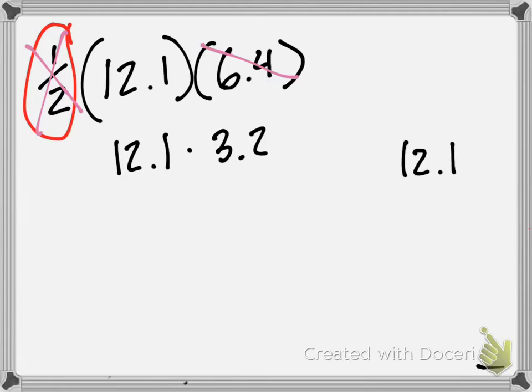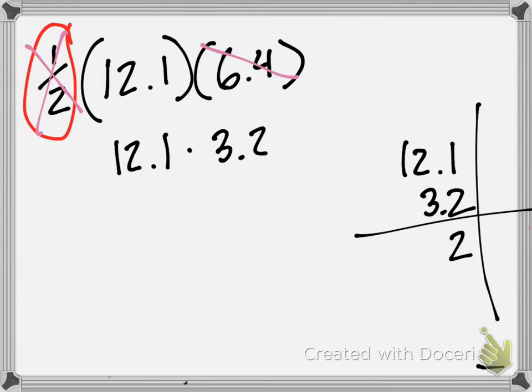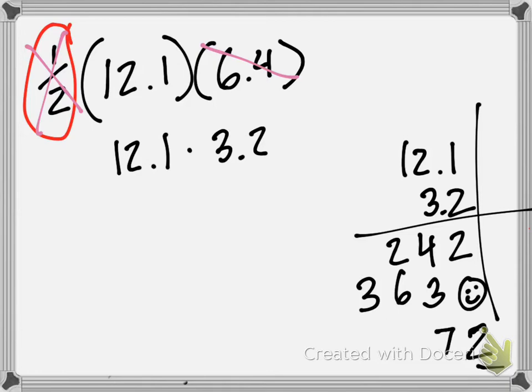I just have my 12.1 times 3.2. 2 times 1 is 2. 2 times 2 is 4. 2 times 1 is 2. Magic 0. 3 times 1 is 3. 3 times 2 is 6. 3 times 1 is 3. We get here our 2, 7, 8, 3. We move our decimal over, and it is that same answer we got last time.